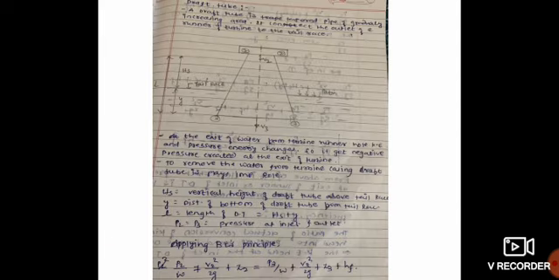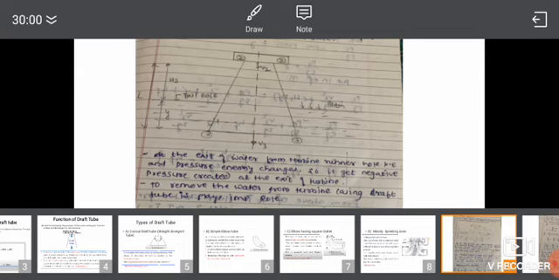Then next is the efficiency of the draft tube. Basically we can understand the definition, and you can see the diagram at the outlet of the turbine. In the diagram, section 2-2 is the inlet of the draft tube, or we can say the outlet of the turbine, and section 3-3 is the outlet of the draft tube.